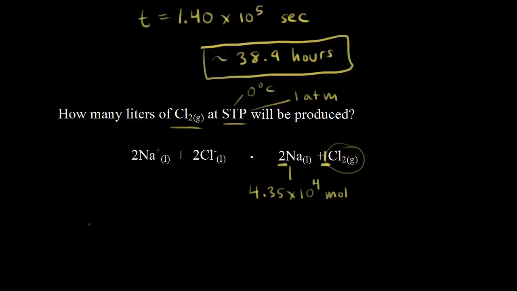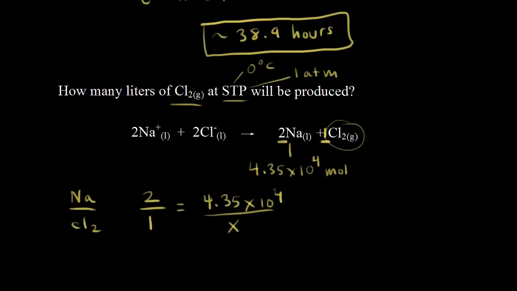So we could set up a proportion, sodium to chlorine. This would be a 2 to 1 mole ratio. For every 2 moles of sodium that are produced, 1 mole of chlorine gas is produced. So 2 over 1 is equal to 4.35 times 10 to the 4th, that's how many moles of sodium we were making, over x, where x represents the moles of chlorine that we would make. So 2x is equal to 4.35 times 10 to the 4th.